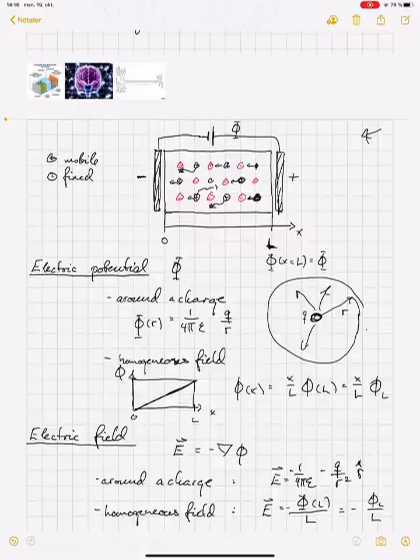So clearly, as these ions are moving, we will heap up more positive ions on this side, and there will be fewer positive ions on the other side, and this will continue until the electrical potential from the ions themselves counterbalances the outer electrical field.